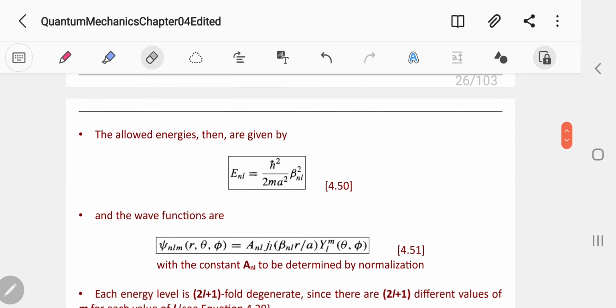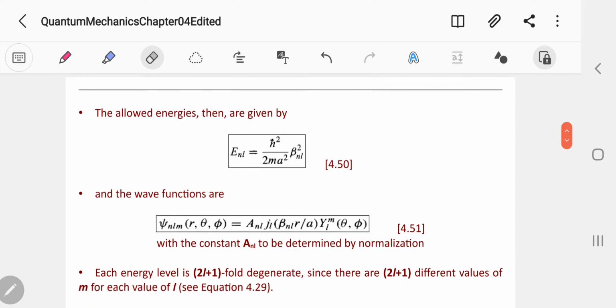So now the allowed energies then are E NL equal to h bar squared over 2 m a squared, beta squared and L, as opposed to k.